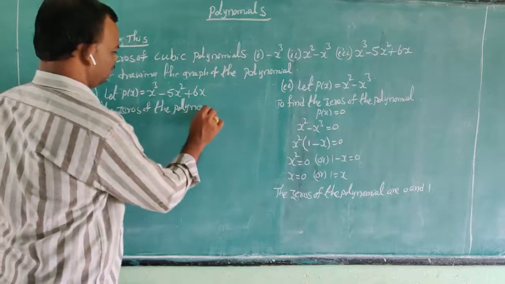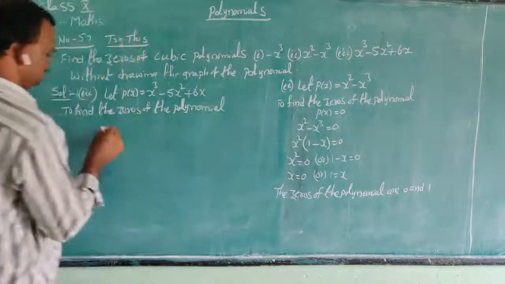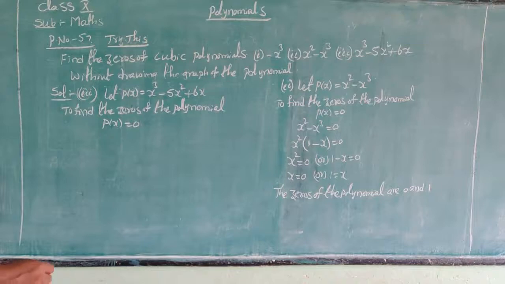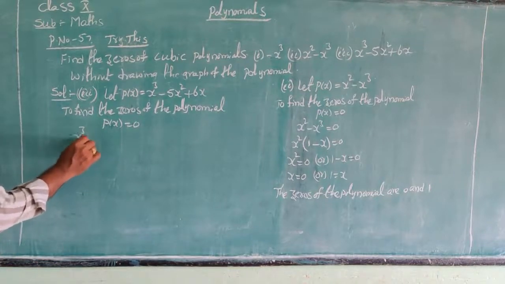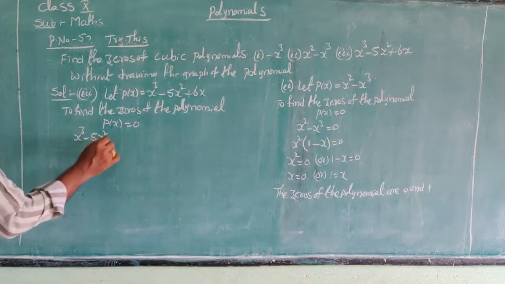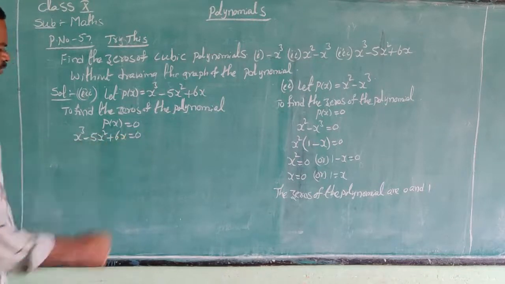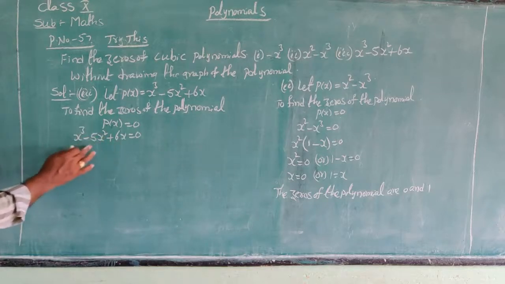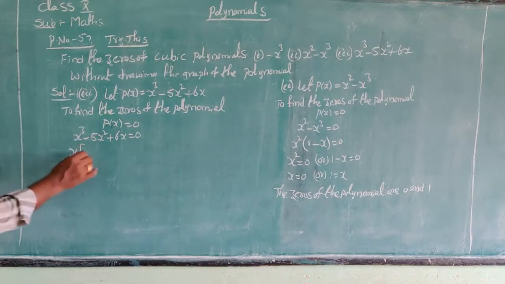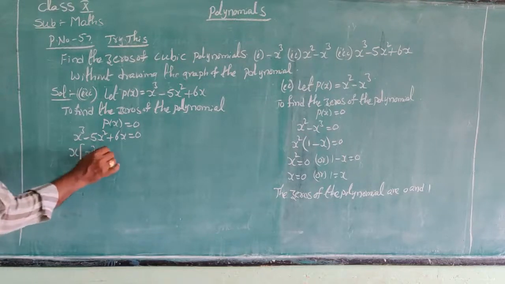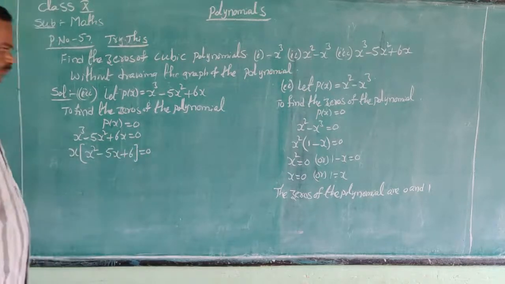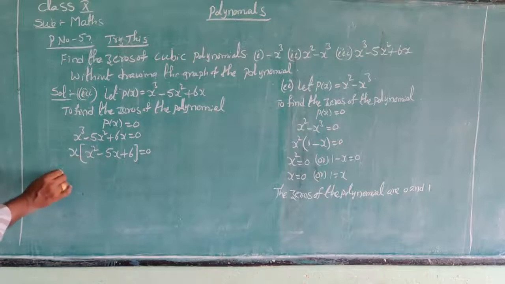To find the zeros of the polynomial, p of x is equal to 0, that means x cube minus 5x square plus 6x is equal to 0. Taking x common, the next value is x square minus 5x plus 6 equal to 0. We are equating these two values to 0.